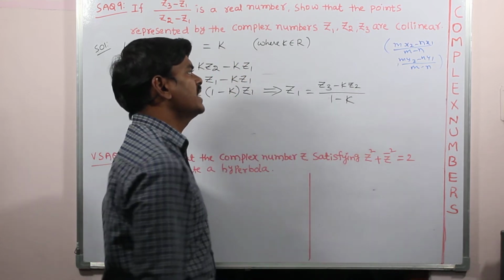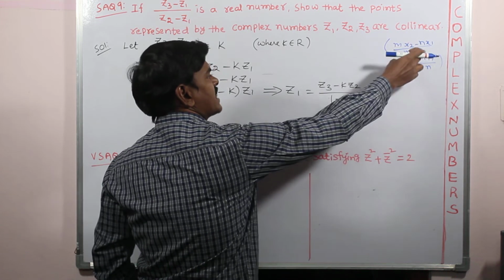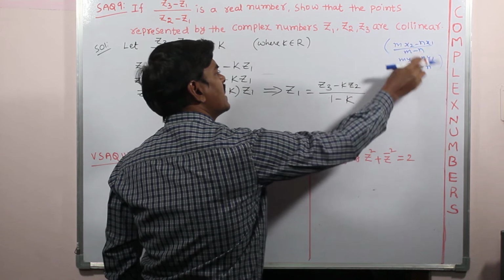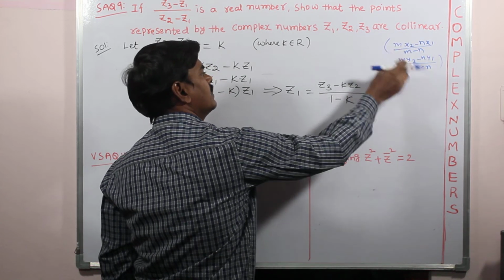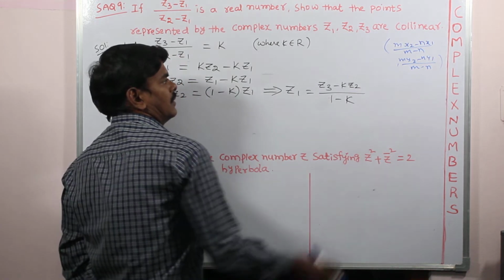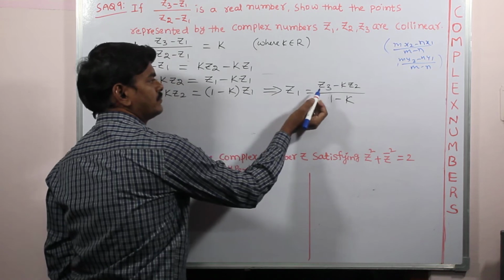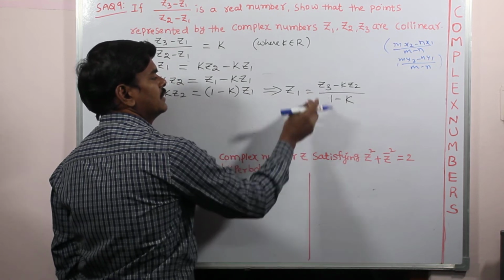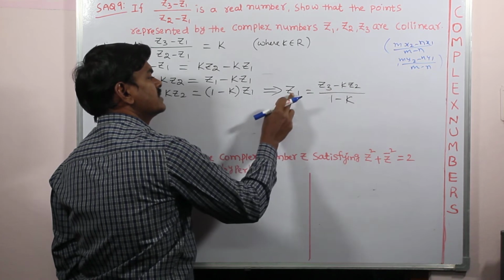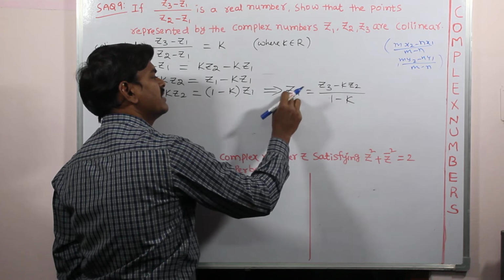If a point P divides the line joining A(x1, y1), B(x2, y2) in the ratio m is to n externally, this is the point that represents external division.